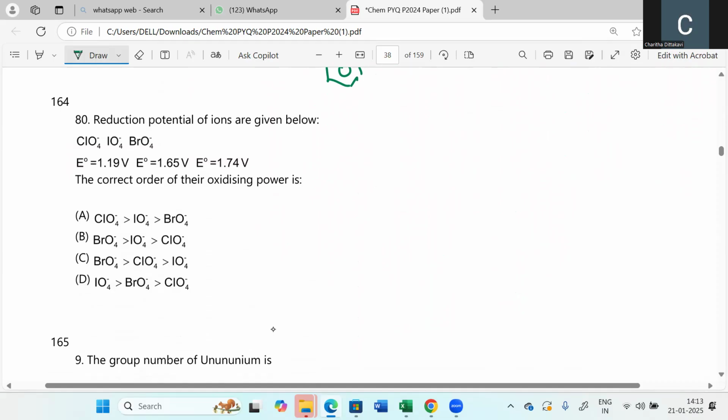164. Reduction potentials of the ions are given to us. We have the E naught values. And for the reduction potentials of the ions, we need the correct order of their oxidizing power. Oxidizing power means they work as oxidizing agents, meaning they undergo reduction. Whosoever has the numerically bigger value undergoes reduction.